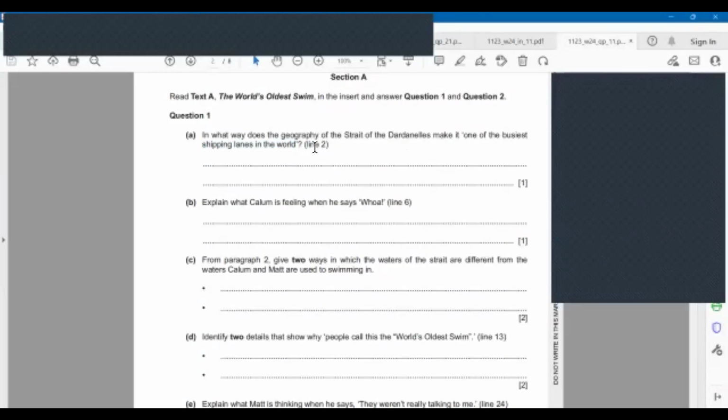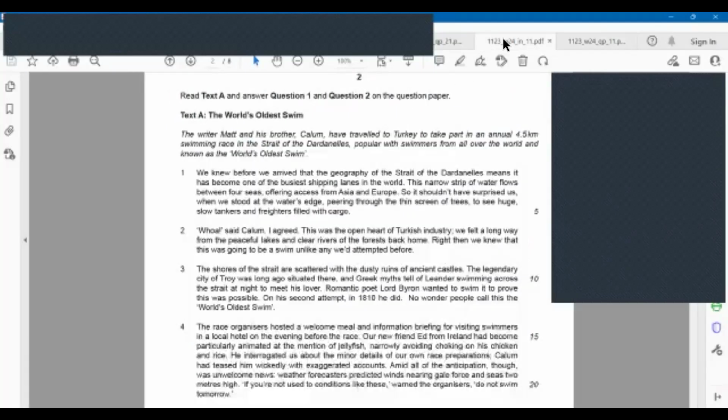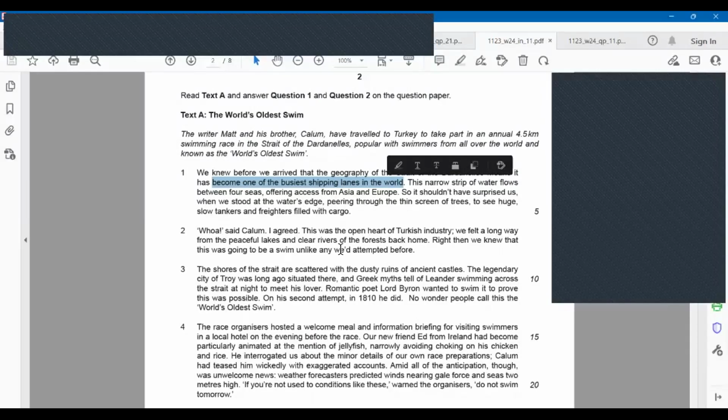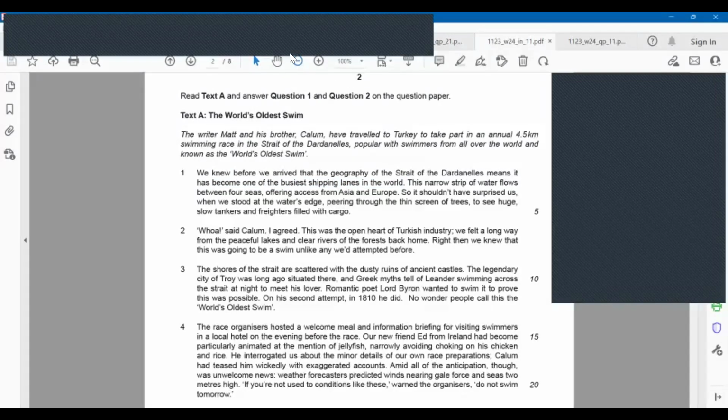So it's a geographical reason. The reference to line 2 doesn't mean that the answer is in line 2. It means that the quote they've taken from the text is in line 2. If you go to the text, you can see that it's in line 2, but this is not where the answer is. I'm going to stop, because the meeting is about to end, so we can pick up in the next class and do the questions together.